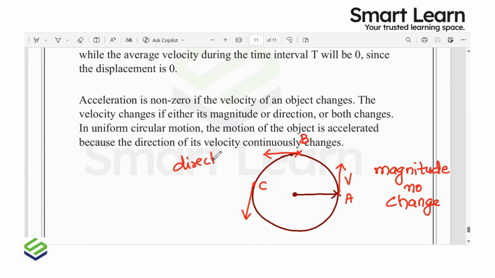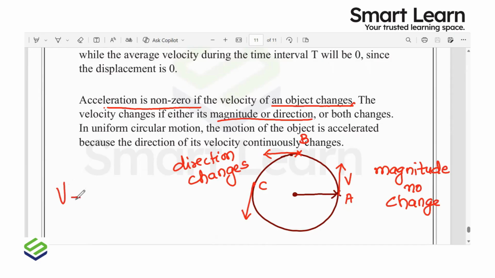So since the direction changes, we say that the motion is accelerated. So acceleration is non-zero if the velocity of the object changes, either the magnitude or direction. In uniform circular motion, magnitude will not change, but the direction changes.